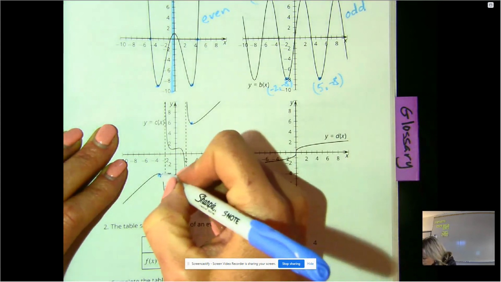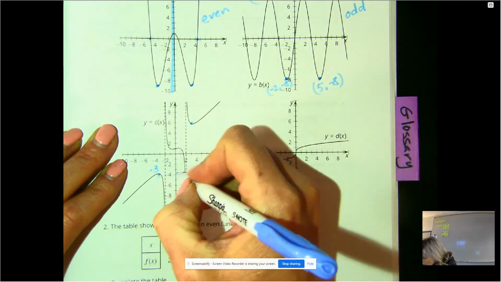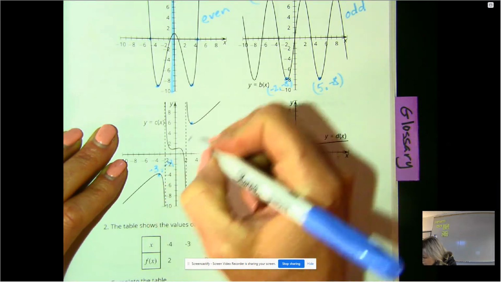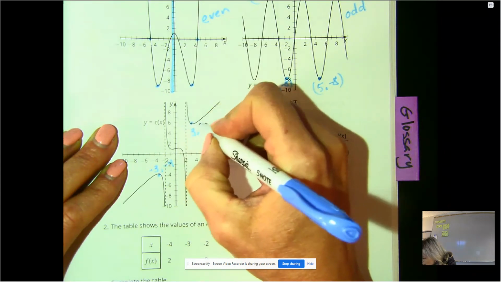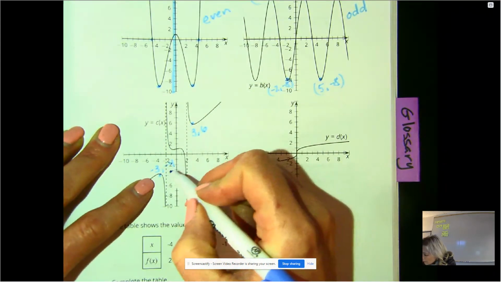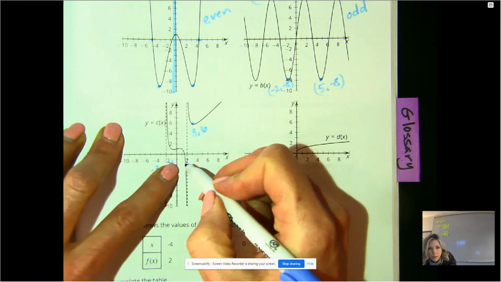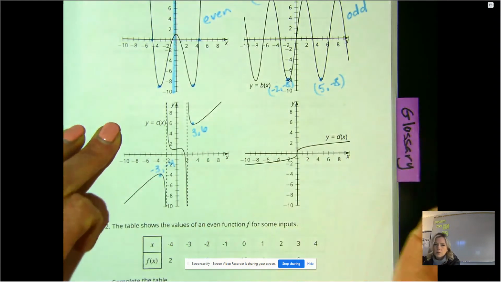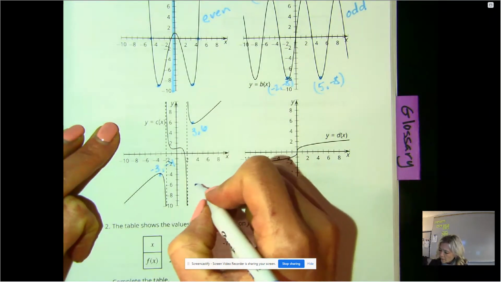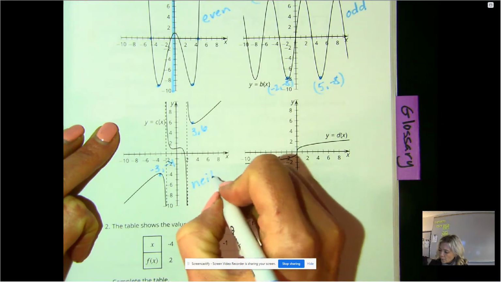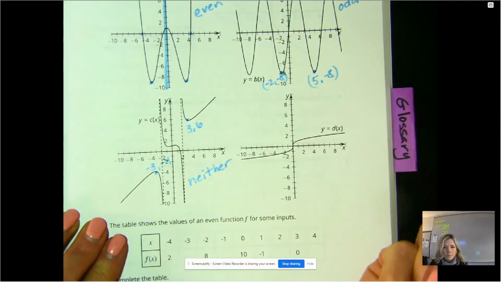This point is where x is -3 and y is -4, but over here, where x is +3, y is 6. So -3 and +3 are opposite inputs, but -4 and 6 are not opposite or the same. So it's not even or odd. This is neither, and you just need one point to show that it's neither of those.